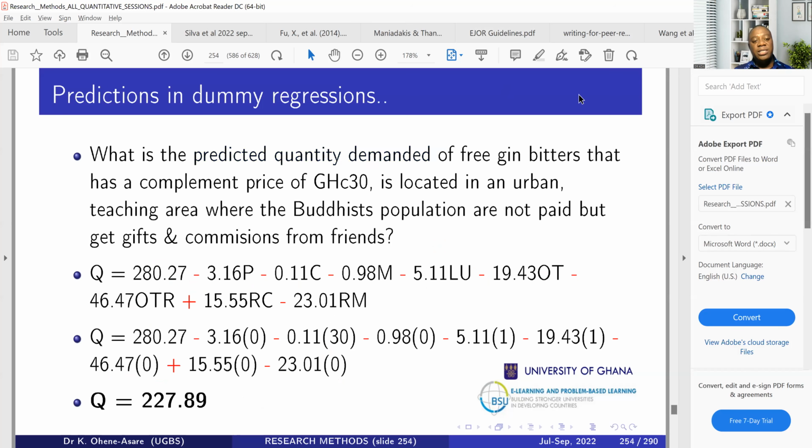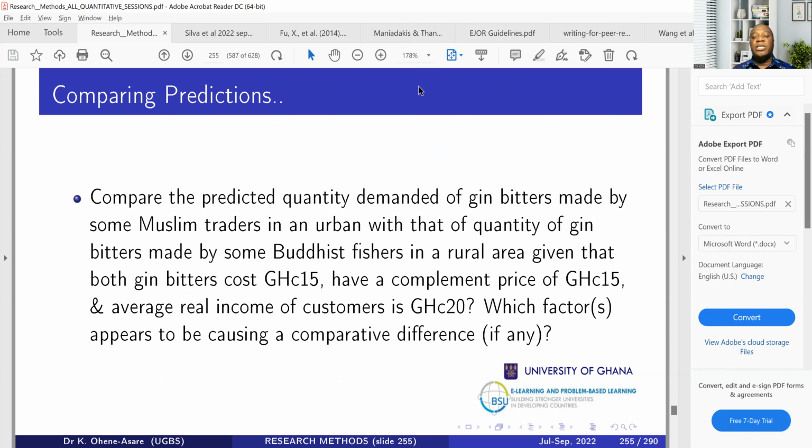Let's quickly go and look at this scenario. So look at what is on the screen now. What does it say? It says compare. Compare means that there are 2 things you're looking at. Compare the predicted quantity demanded. So now we are looking for 2 quantities demanded, but then there are 2, so you have to compare them. Now look at the scenario. We have been told that in the first case, it's gin bitters that was made by some Muslim traders in an urban town.